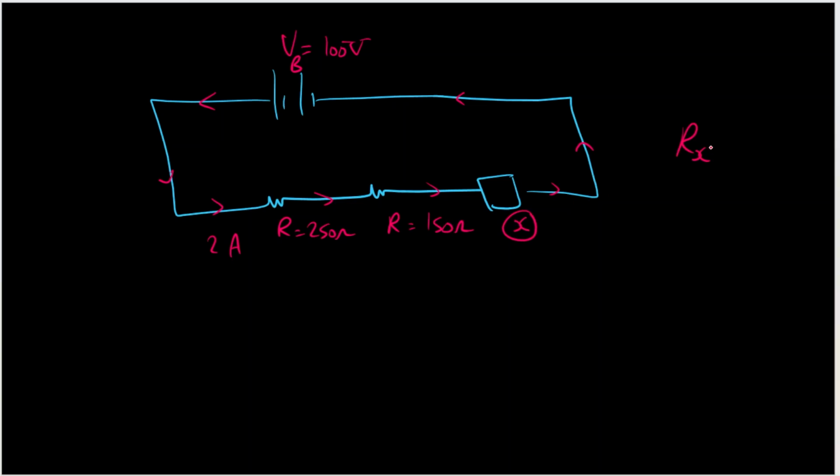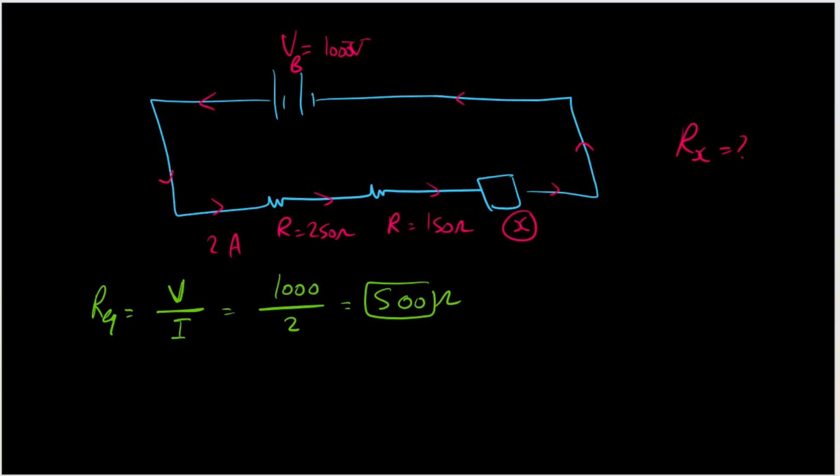How can you calculate its value? First of all, you need to calculate the total resistance of the circuit by dividing the total voltage by the total current. The total voltage is 100. The total current is 2. So the total resistance will be 500 ohm.